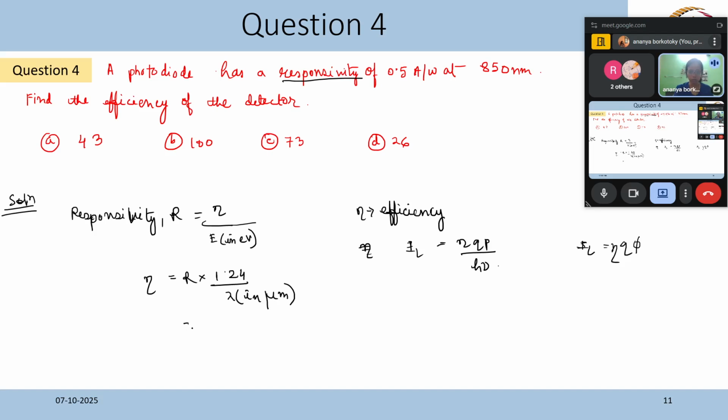So this is 0.5 into 1.24 by 0.85. This is 0.73, so that means it is 73%. Eta is 73%. This is my answer.